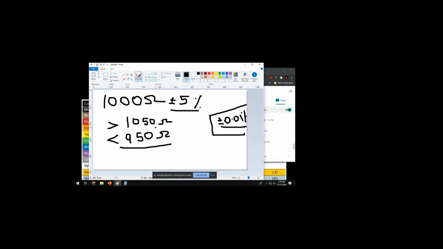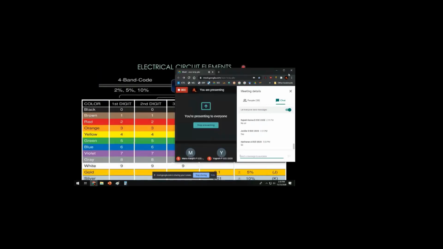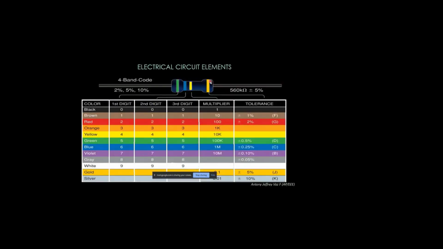So we have the tolerance value represented on the resistance itself. There are several tolerance values. For study purposes, I have shown only gold and silver. You can see silver has plus or minus 10%.